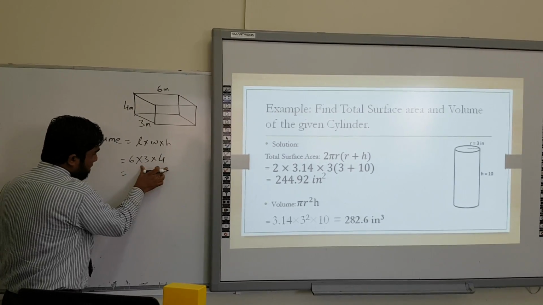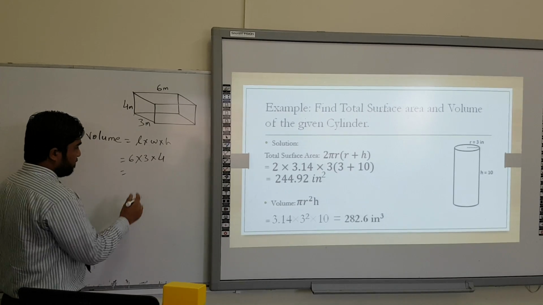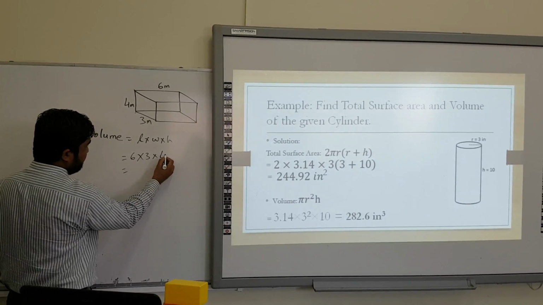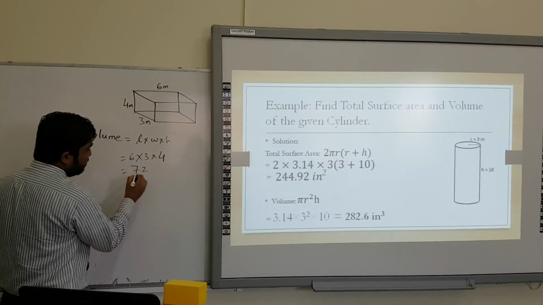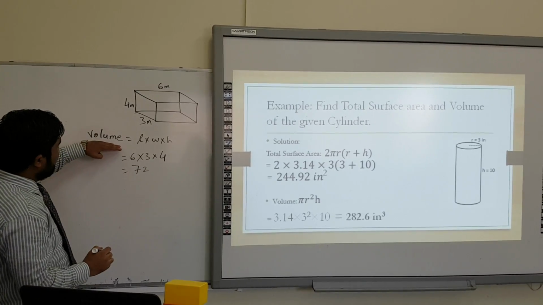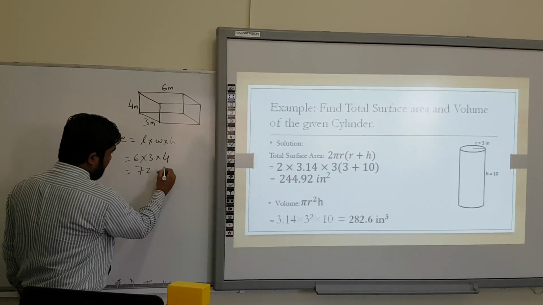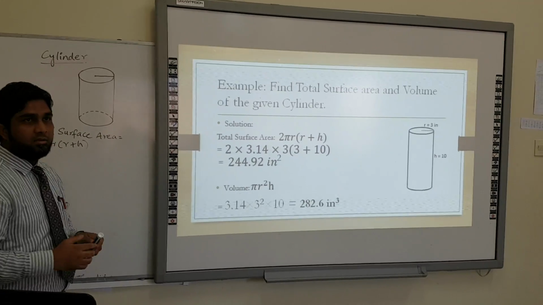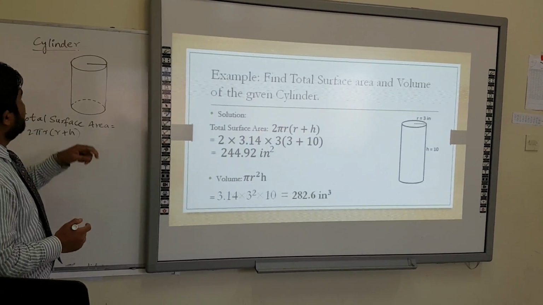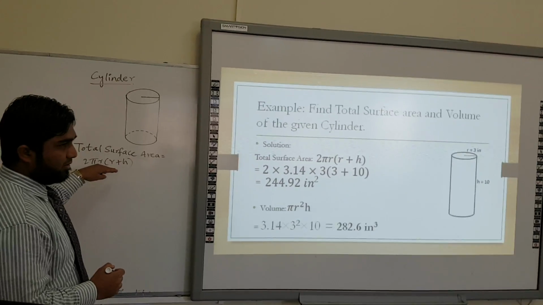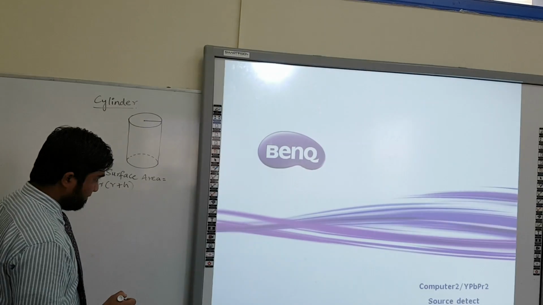So when we multiply all three values, we get the answer as 6 times 3, 18, 18 times 4, 72. Now we are finding the volume, so we will use the unit as meter and to the power 3. Let's go and find another example to find the total surface area and volume of a cylinder.